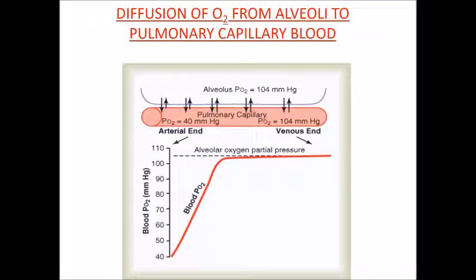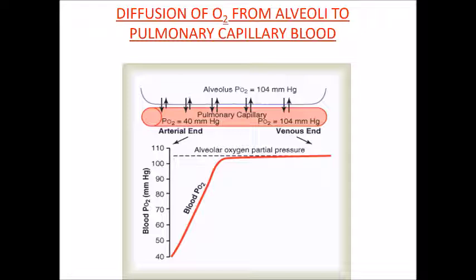Before we discuss how oxygen is transported in blood, let us discuss how it will enter from alveolar air into the blood. Now you can see a diagram in which alveoli and pulmonary capillary are seen.